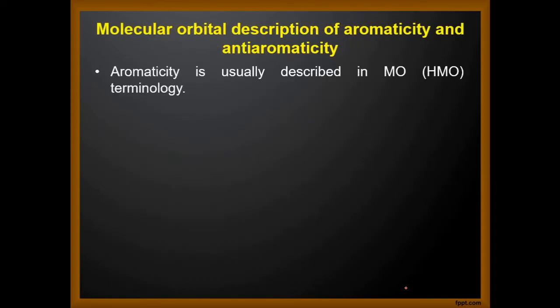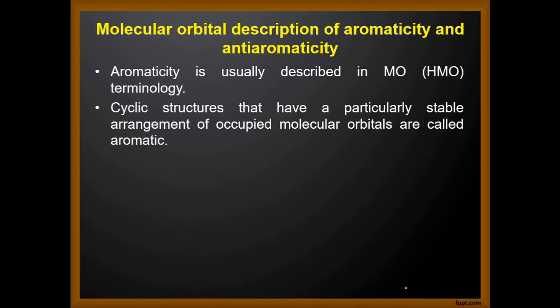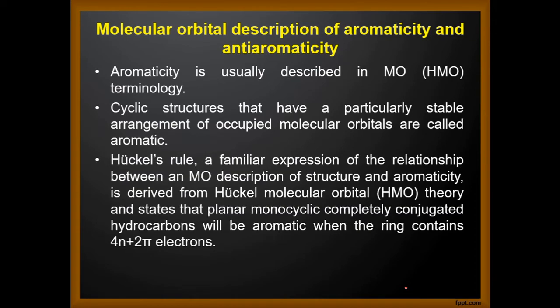Now, aromaticity can usually be described in molecular orbital or Hückel molecular orbital terminology, and we know that cyclic structures that have a particularly stable arrangement of occupied molecular orbitals are called aromatic. Whenever atomic orbitals combine to form molecular orbitals, we quickly go back and refer to Hückel molecular orbital theory.